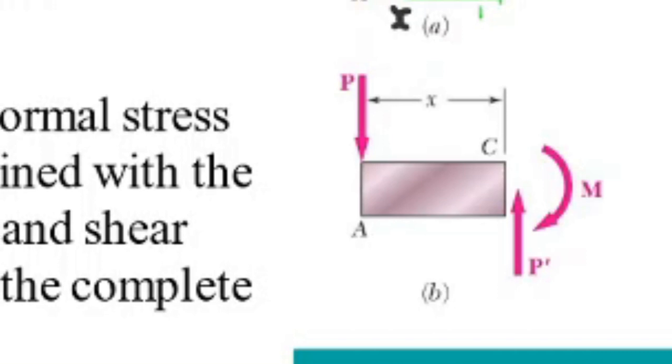The free body diagram of AC shows that the internal forces in the section include a force P prime equal and opposite to the force P, and also a couple M of magnitude M equal to Px. So we should get the moment M equal to Px. The distribution of normal stresses in the section can be obtained from the couple M as if the beam were in pure bending.